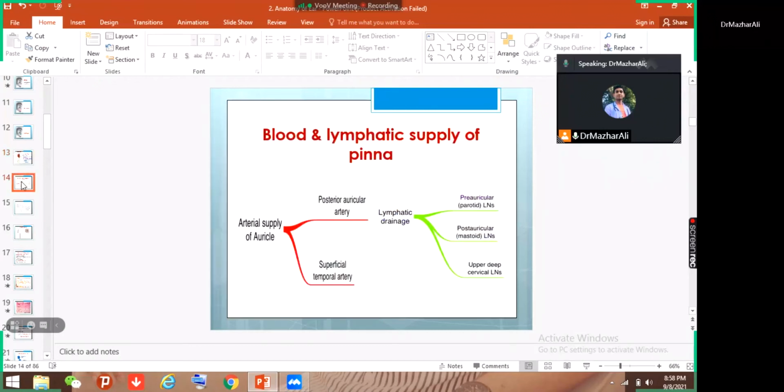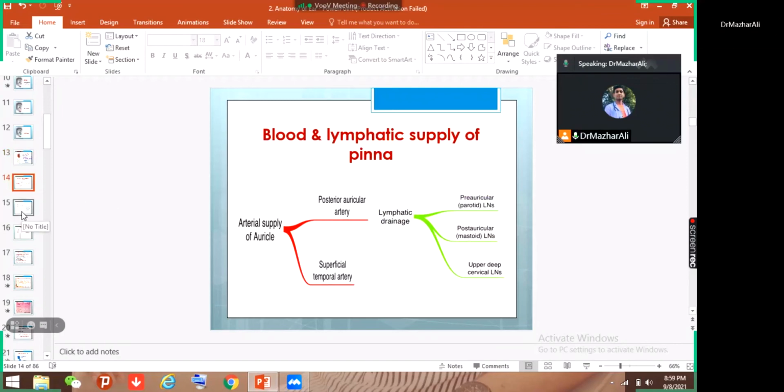Then what are the blood supply and lymphatic supply of the pinna? The arterial supply of the auricle is the posterior auricular artery and the superficial temporal artery. The lymphatic drainage is preauricular, postauricular, and upper deep cervical. Okay.